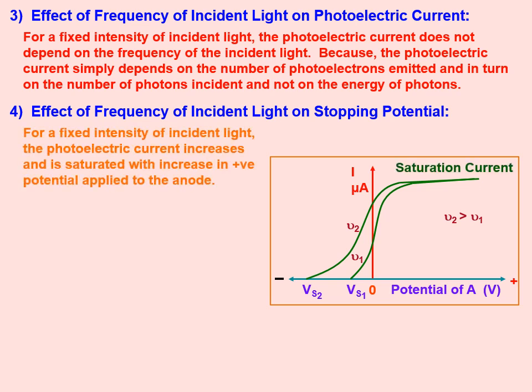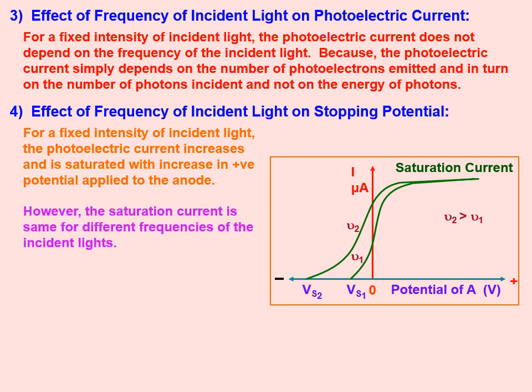So we can say that for a fixed intensity of incident light, the photoelectric current increases and is saturated with increase in positive potential applied to the anode. However, the saturation current is the same for different frequencies of incident light.